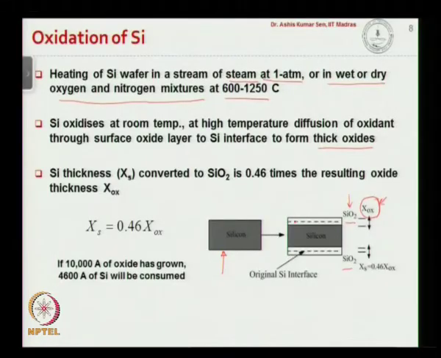So you can see in the oxidation process, the thickness of the silicon that is consumed is 0.46 times the total oxide thickness. If you have 10,000 angstrom of oxide grown, 4,600 angstrom of silicon will be consumed in the process.